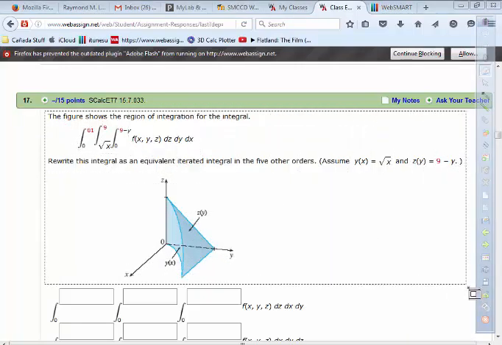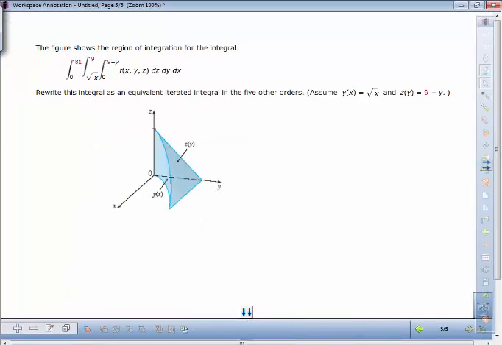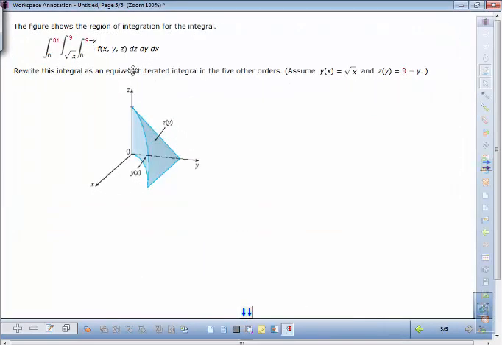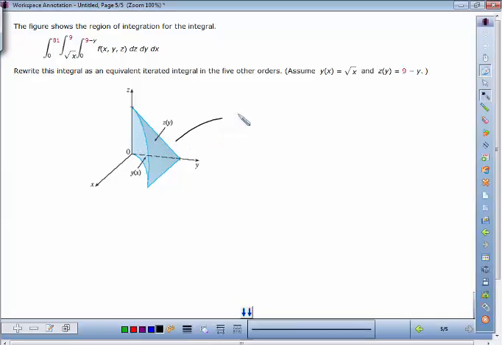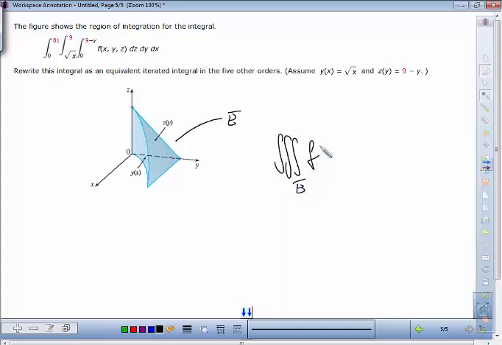This figure shows the integration for the integral of this thing, and so this must be your volume E. They want you to rewrite this triple integral of f of x, y, z dV in different orders.